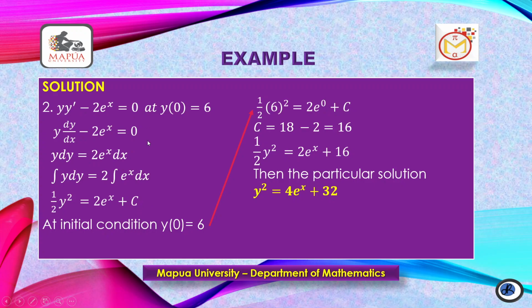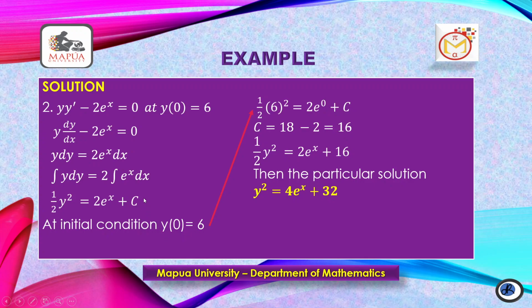So when x is 0, y is 6. So y is 6 squared, and this is e raised to 0. E raised to 0 is 1, so this is simply 2, and 6 squared is 36, times 1 half is 18. Transposing that 2, it becomes negative 2. Therefore, the value of c here is 16.